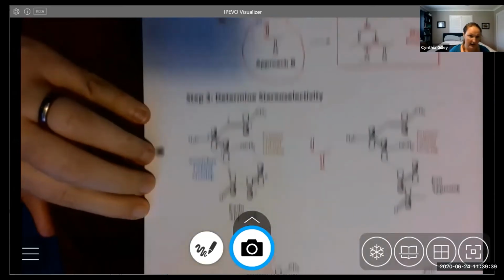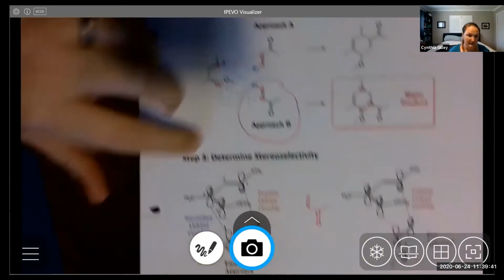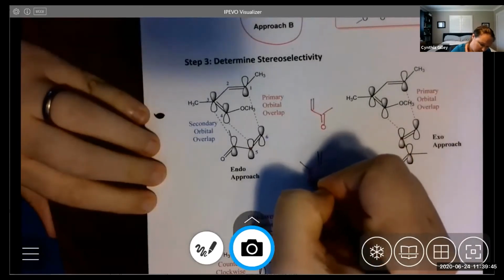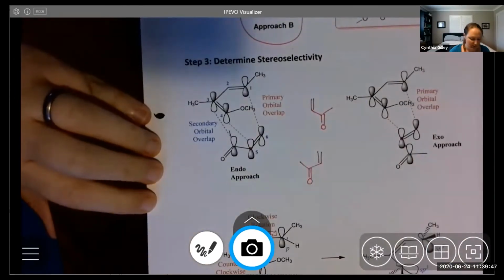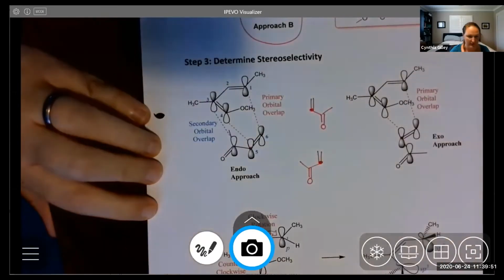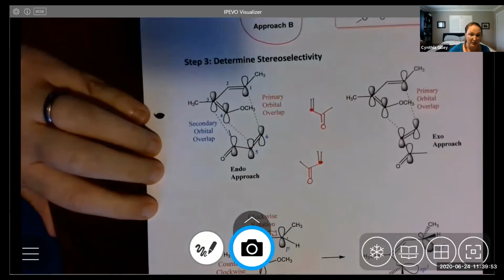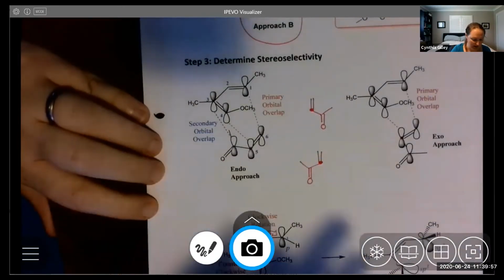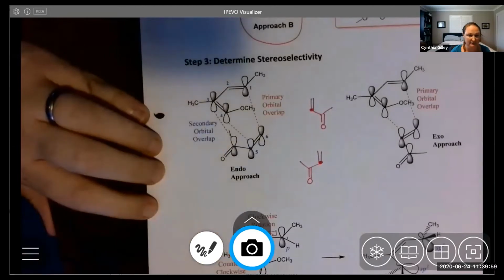like this, and not like this, it could be like this, or it could be like this when it approaches. So even with the electron withdrawing group being on the bottom carbon here, does it point in or does it point out when it approaches the diene?